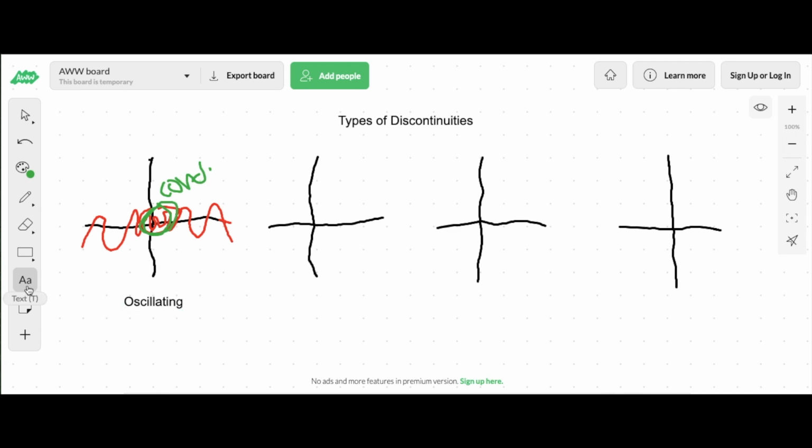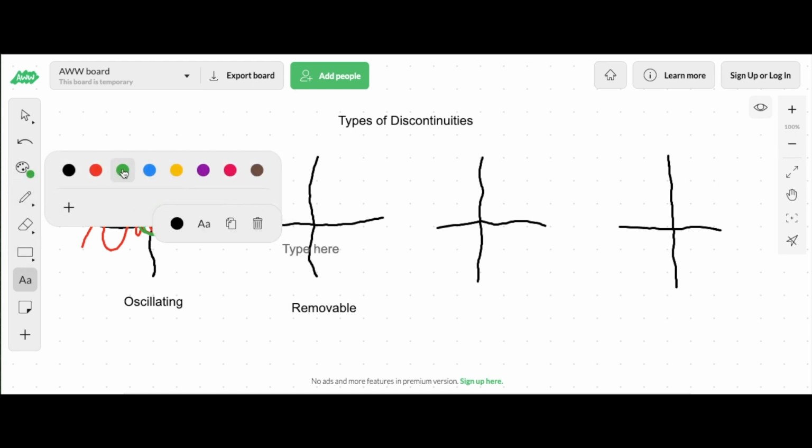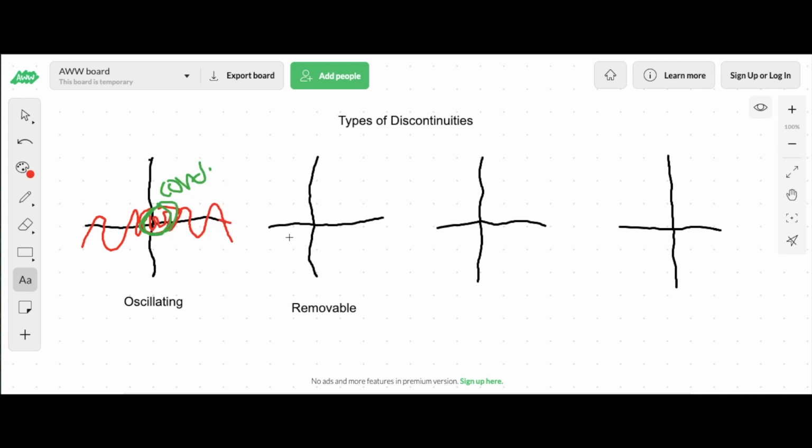Alright, so now let's talk about the next one, which is removable. Say you have a graph like this, and at this point, there's a hole.